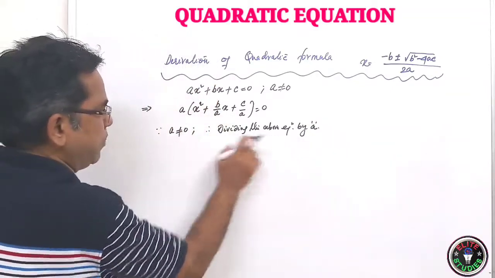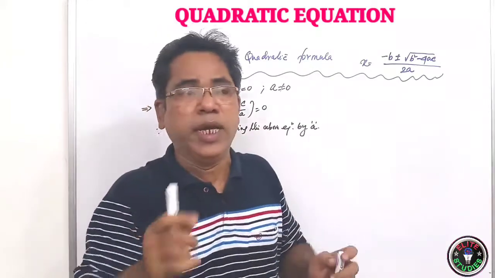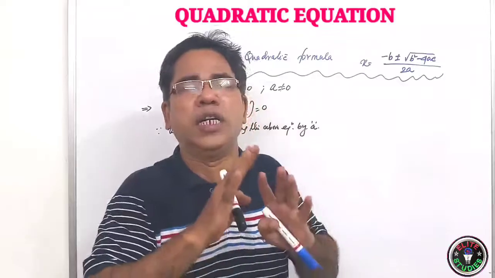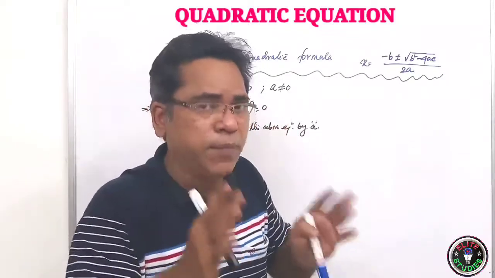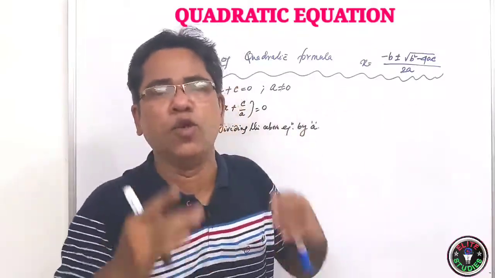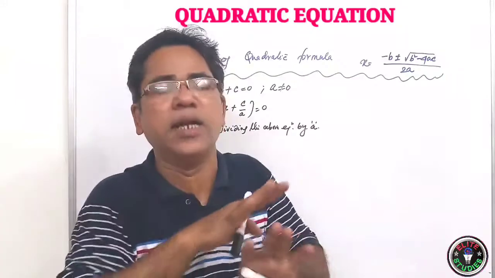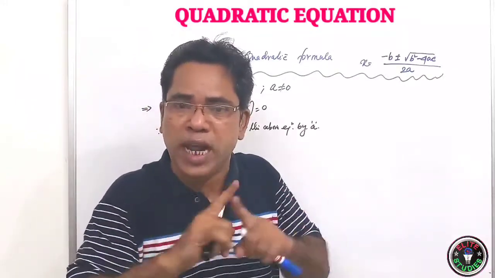Why is this important? You cannot divide any number by 0. Division of anything by 0 is not defined in mathematics. I will again repeat, division by 0: 2 by 0, 3 by 0, root 5 by 0, elephant by 0, cat by 0, potato by 0, these are not defined. The denominator should never be 0.